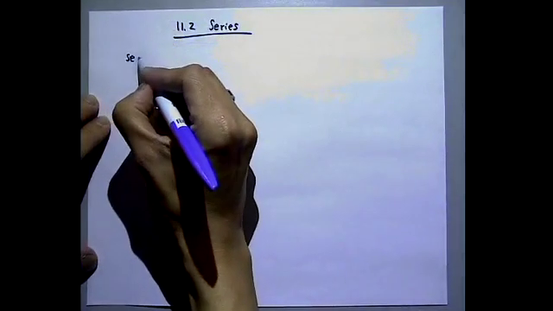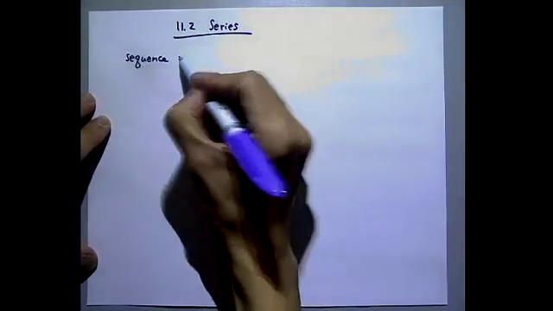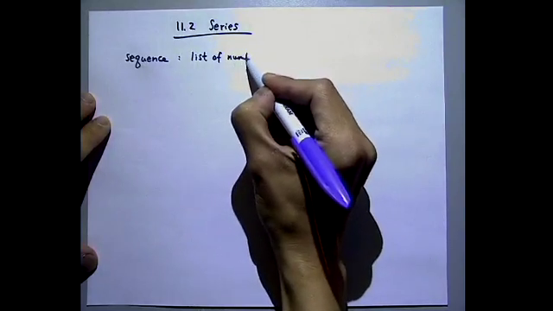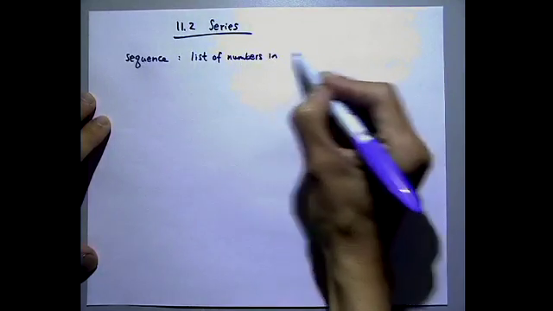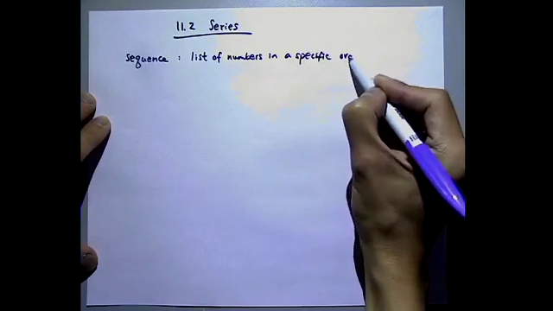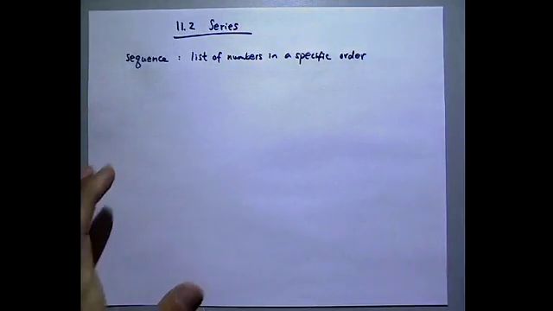So first of all, remember last time we talked about sequences. And you remember that a sequence is just a list of numbers in a specific order.